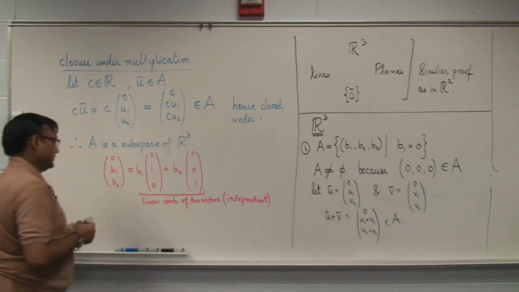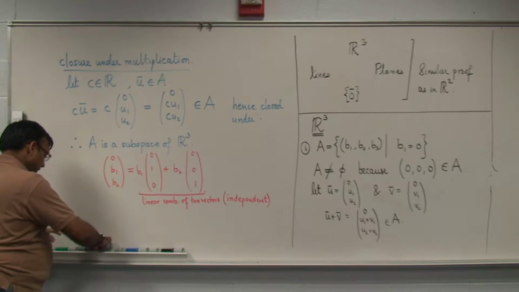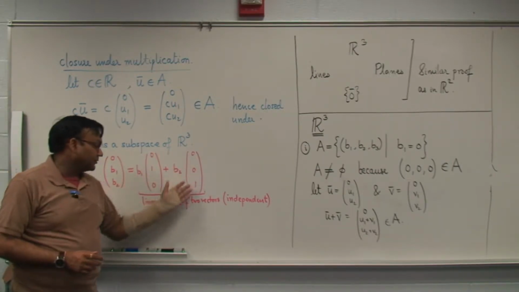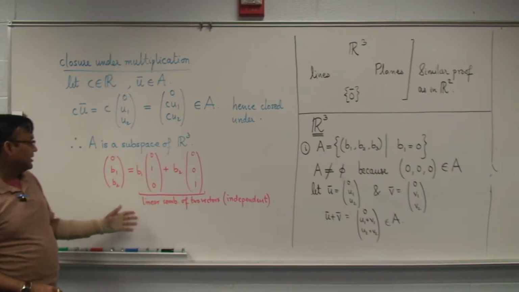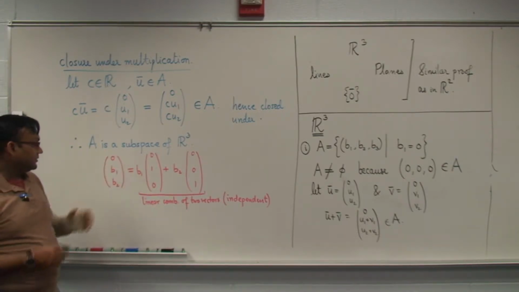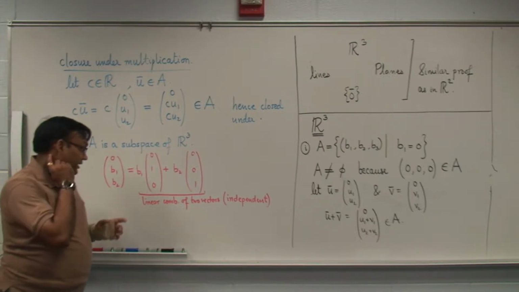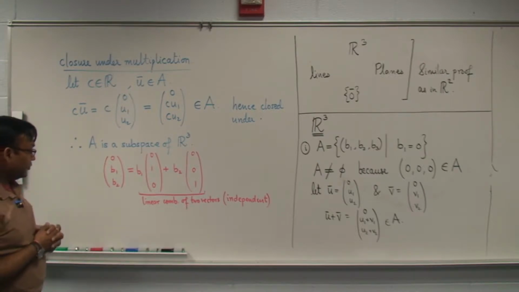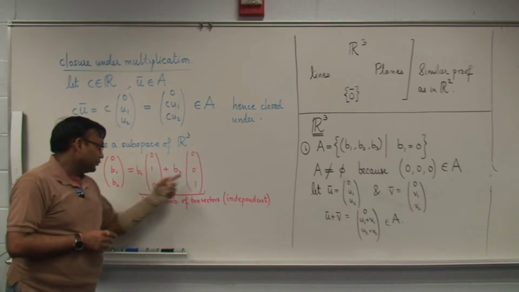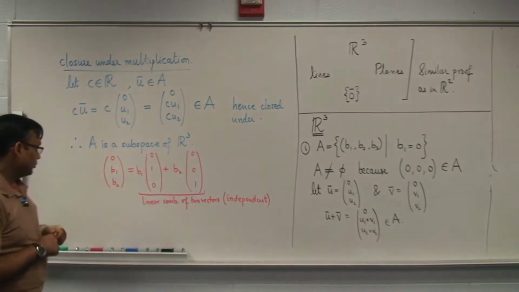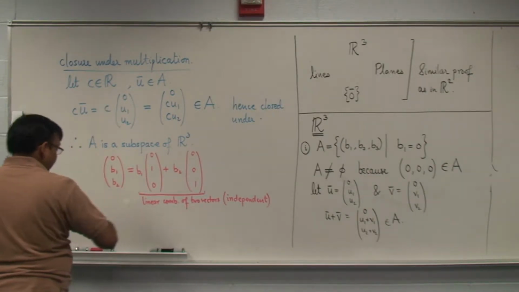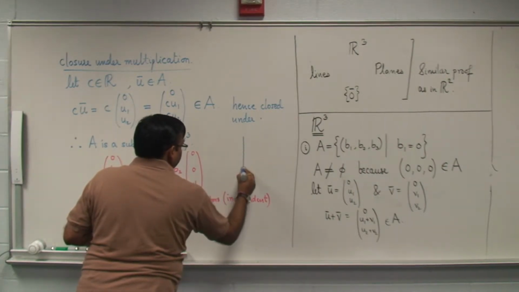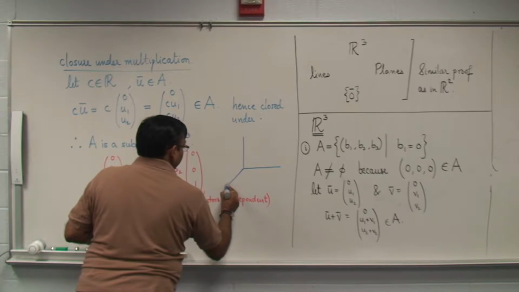What does this mean for us? It means I have 2 vectors which are independent, and all possible linear combinations of those 2 vectors are the things that sit inside this A. Since we are having 2 vectors, and if you recall the idea of a homogeneous solution, these 2 would act like the solutions to the homogeneous equation. So the geometry of this thing would be a plane that is passing through the origin.